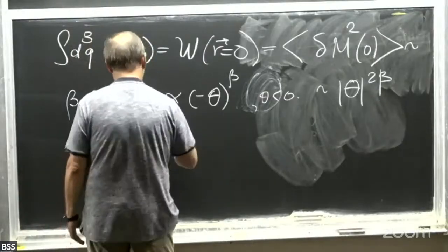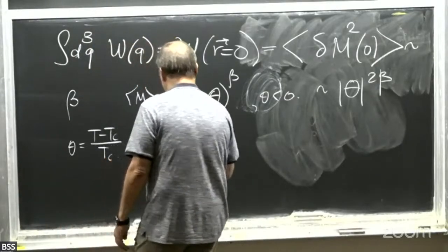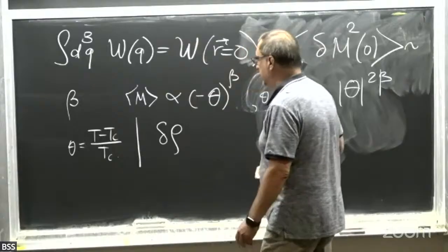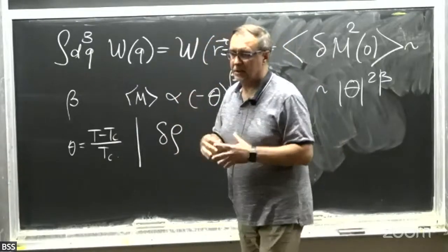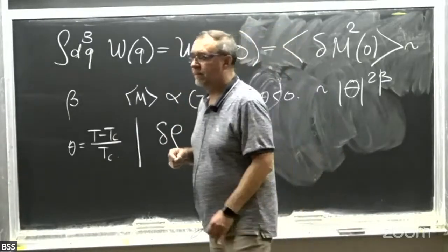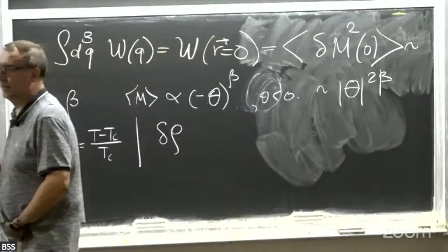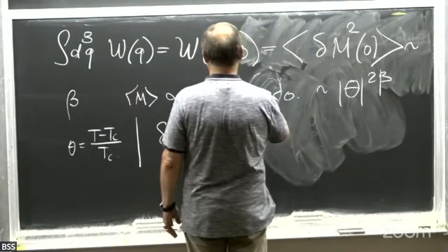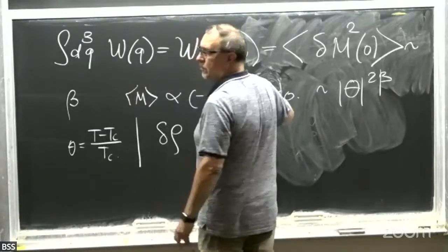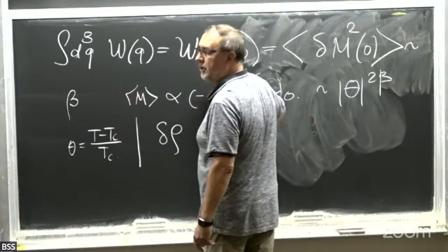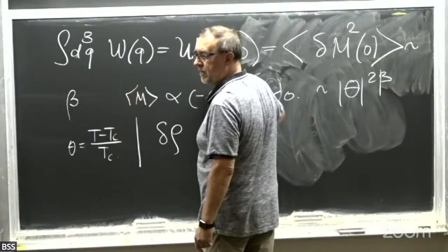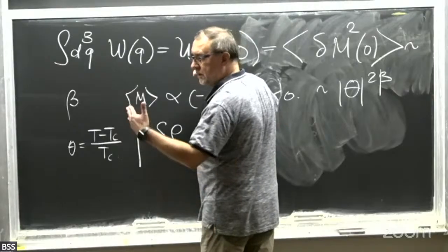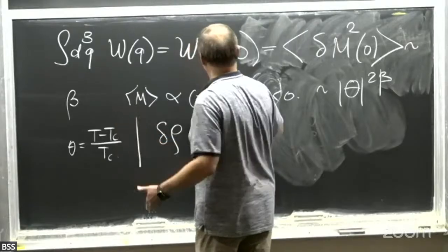So now the singular part of the resistivity still contains two. Yes. Fluctuations get smaller as you approach Tc. Sorry, this is minus beta.